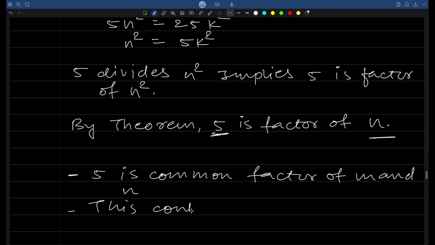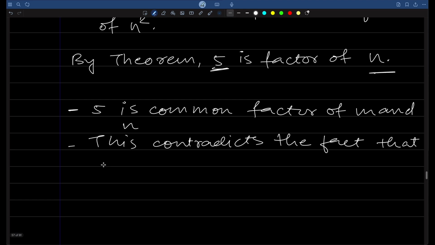This contradicts the fact that m and n are co-prime numbers.